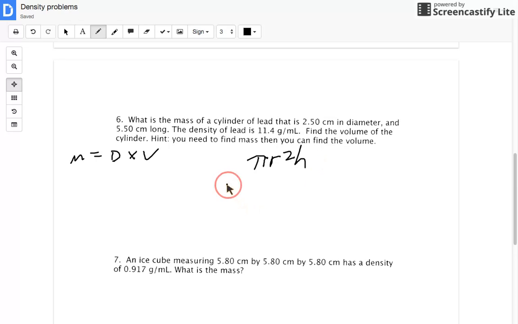So let's take pi, which is 3.14, and multiply that by the radius, which is half the diameter. In this case, it's going to be 1.25 centimeters, right? And we have to square that. Then we multiply it by the height of the cylinder, which it tells us is 5.5 centimeters.